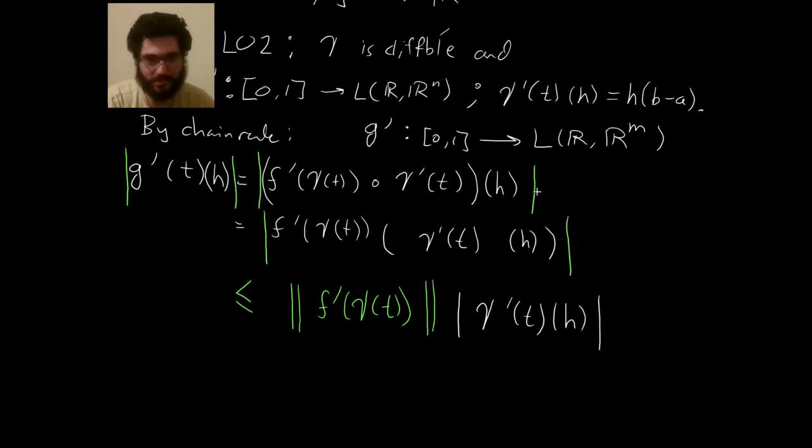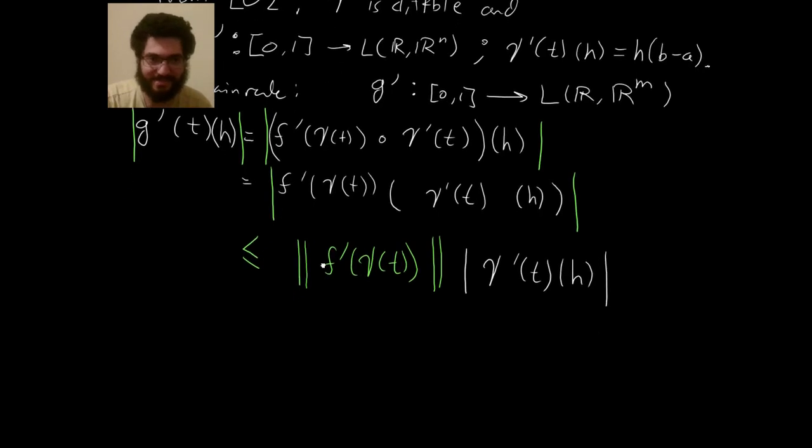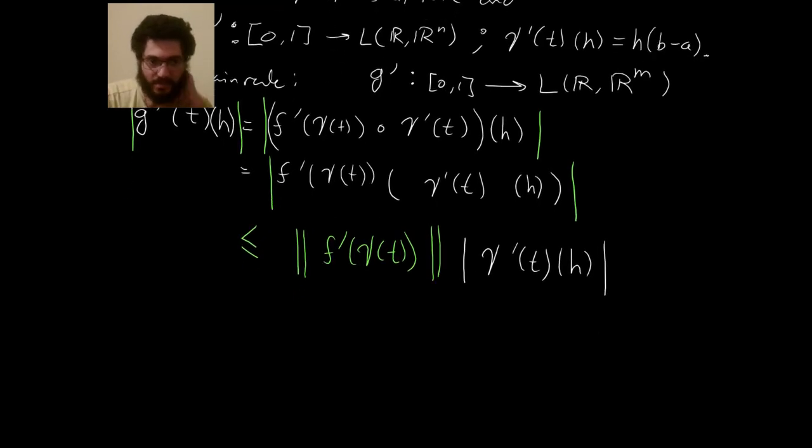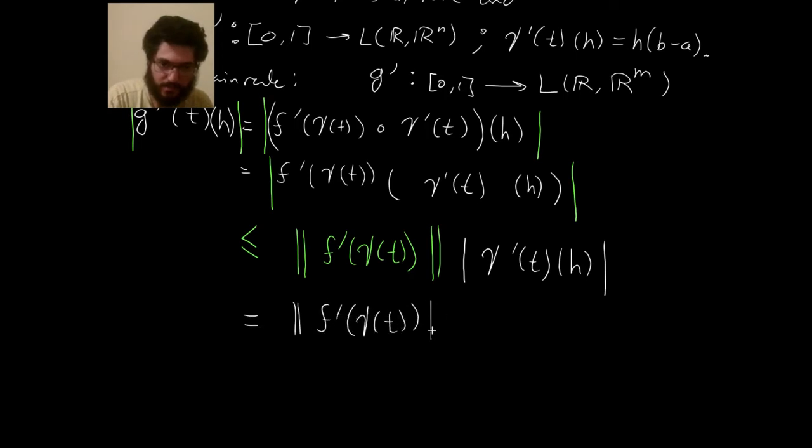Don't read too much into what's green and what's white. I didn't put any logic into that. All right. And this, we know what this is, the derivative of gamma at t at h. That was b minus a.